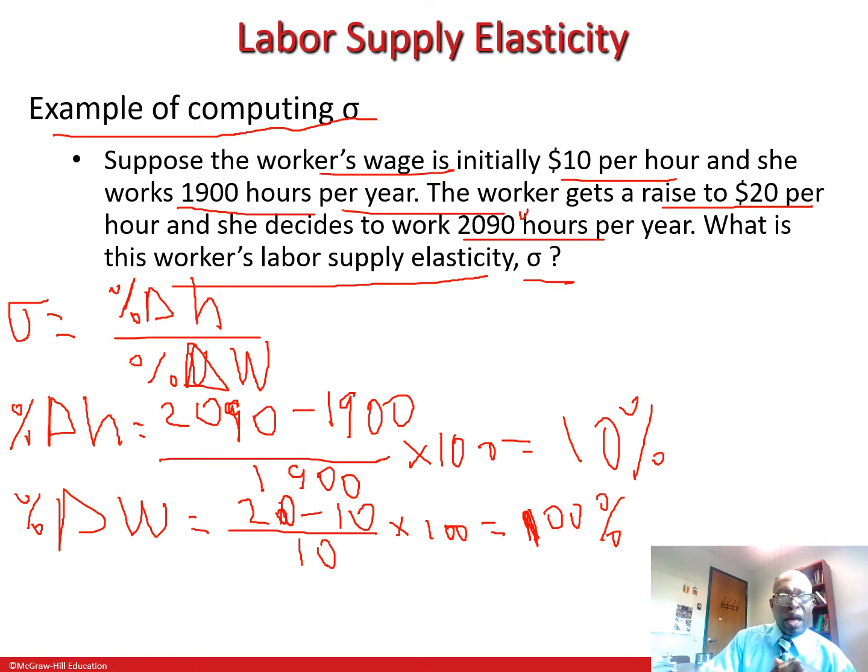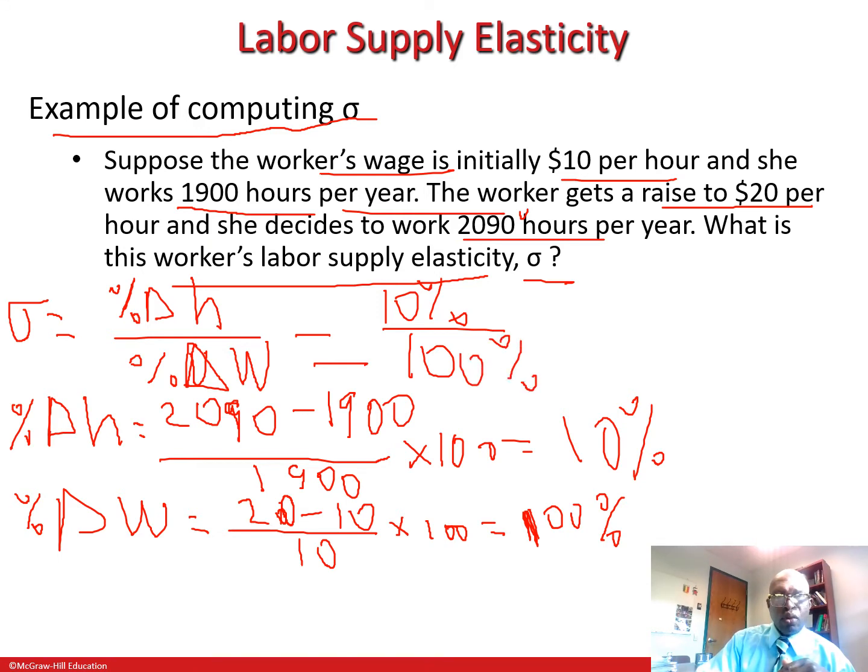Therefore, gamma equals the percentage change in hours worked, 10%, divided by the percentage change in the wage rate, 100%.